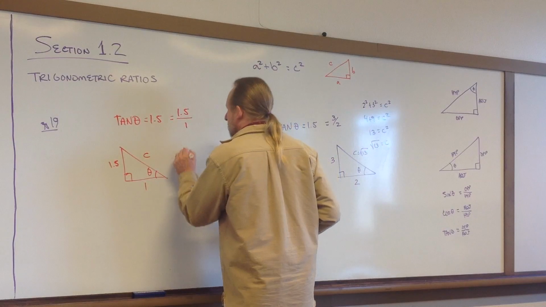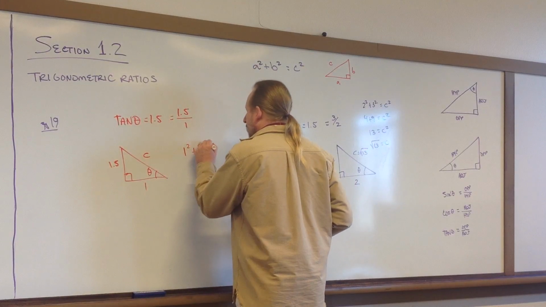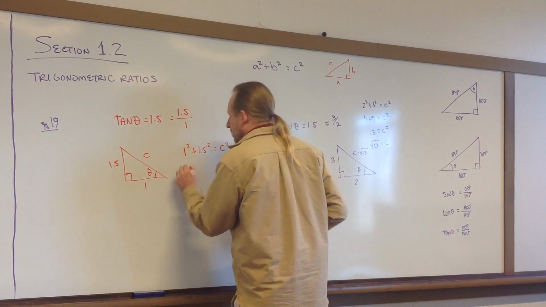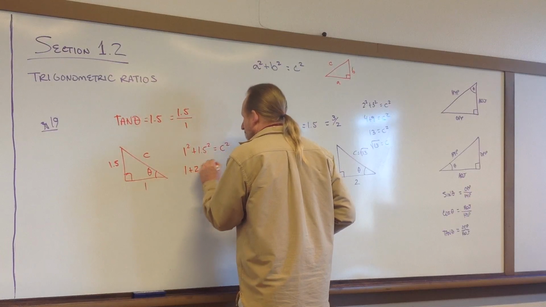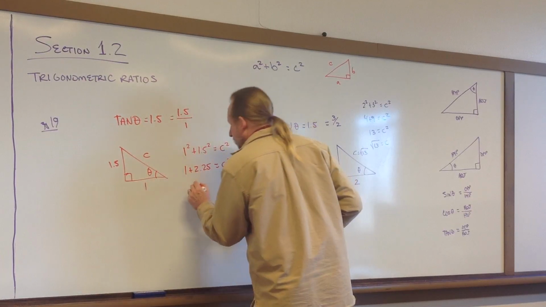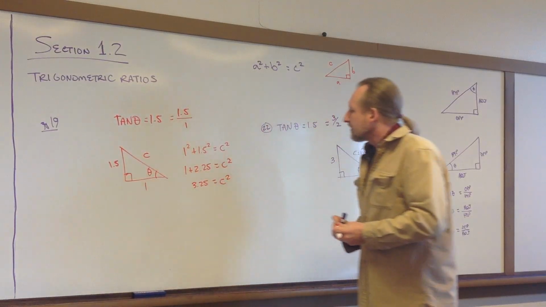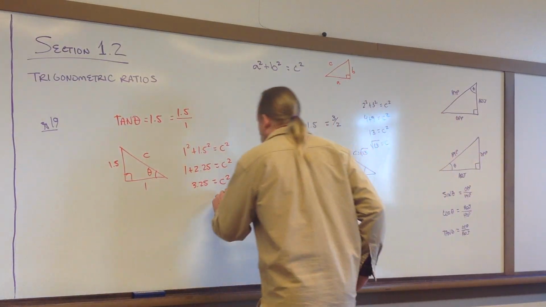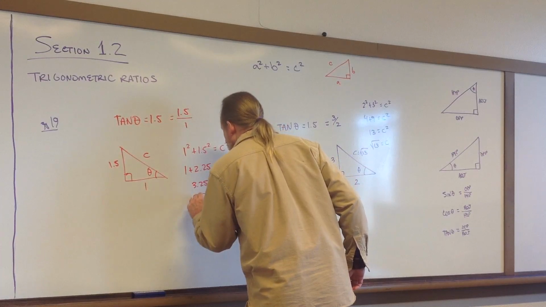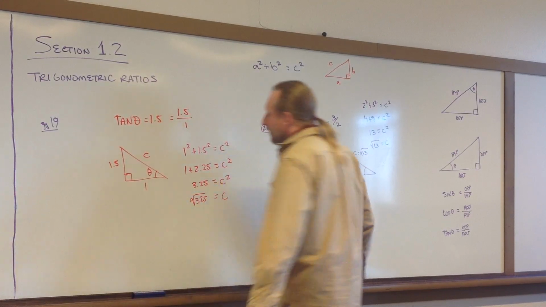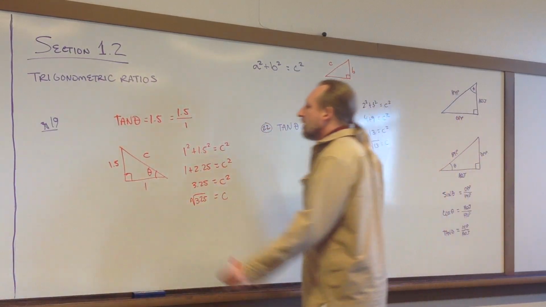Over here we would say 1 squared plus 1.5 squared equals c squared. So this is 1 plus 2.25. So this is 3.25 equal c squared. So that means that c is going to be the square root of 3.25. Okay.